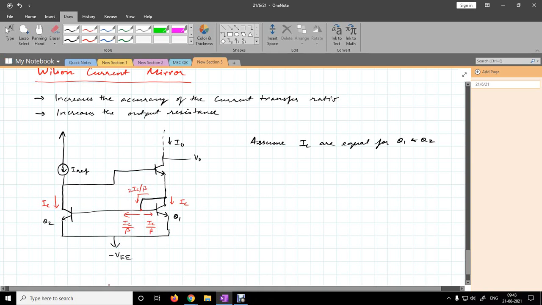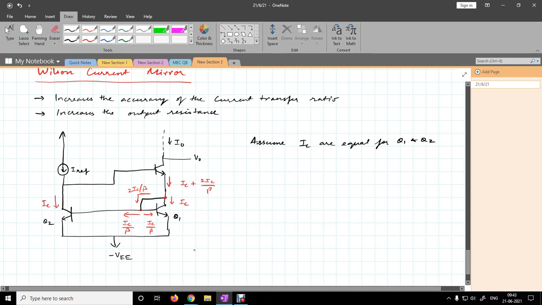So the collector current of Q1 is IC, and this current which you see here is 2IC by beta. If you apply KCL at this point, this current is IC plus 2IC by beta, correct?